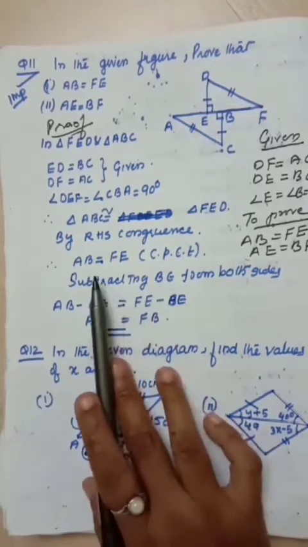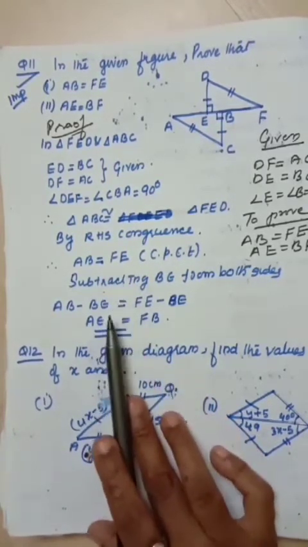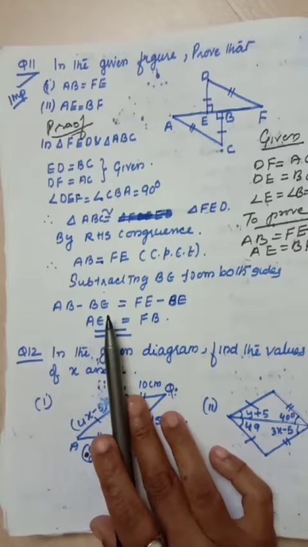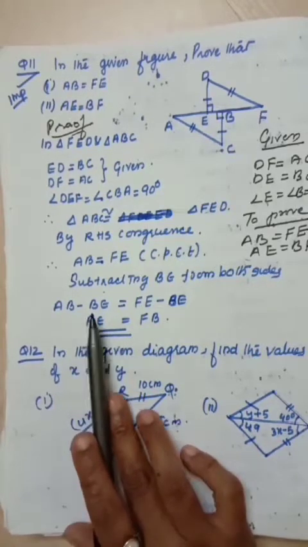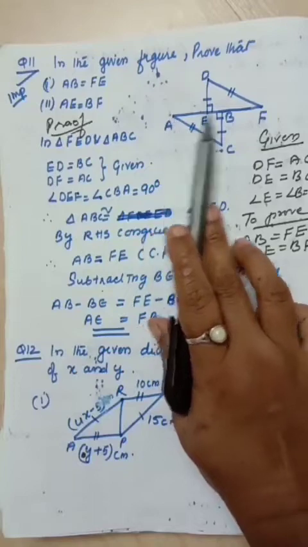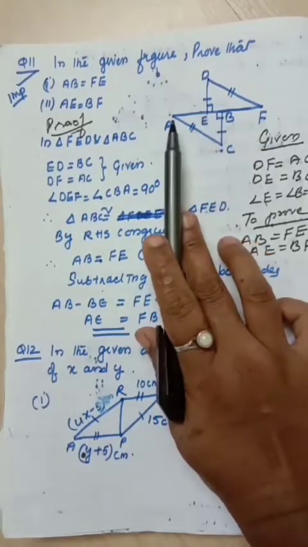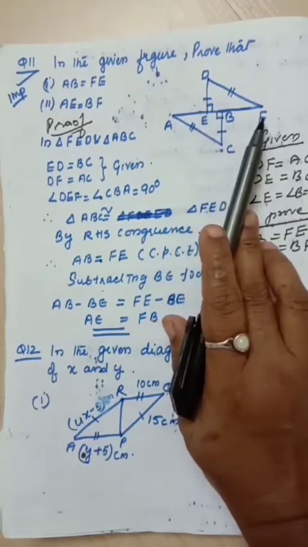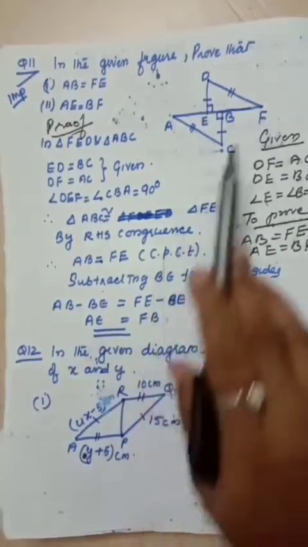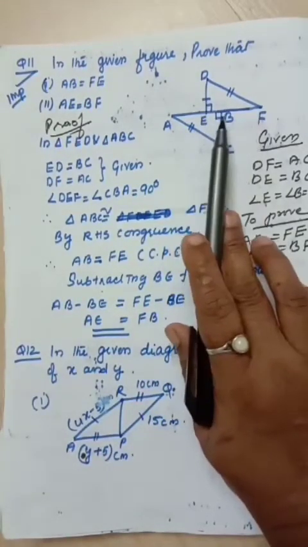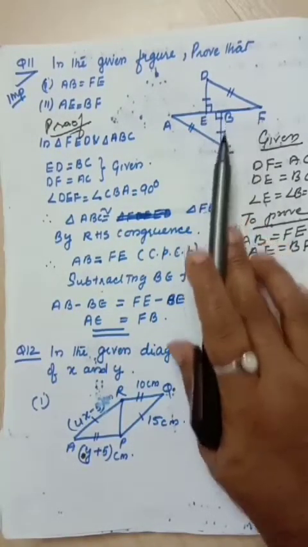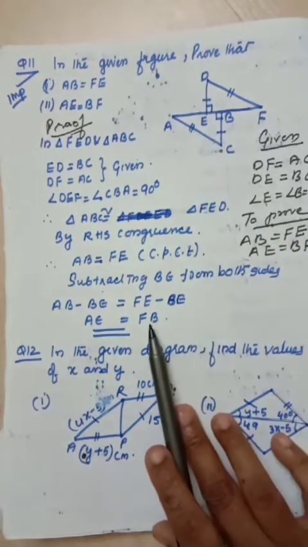Subtracting BE from both sides, what will you get? From AB you cut BE, you will get AE. From FE you cut BE, you will get FB. Clear?